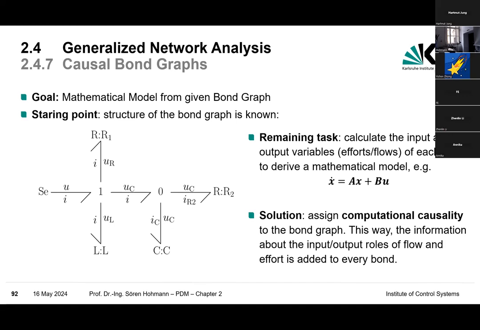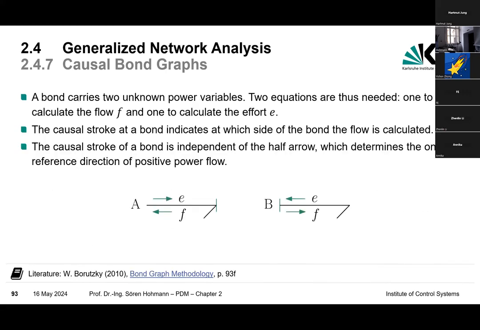The flow comes out. So obviously, what we need to do is define some simple form of what is calculated first and what next. And there's one definition, which can then be graphically represented. As you know, every bond carries two unknown power variables, E and F. And what we can introduce are so-called causal strokes.